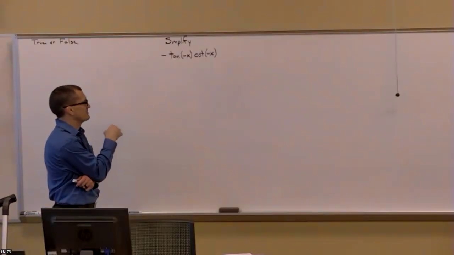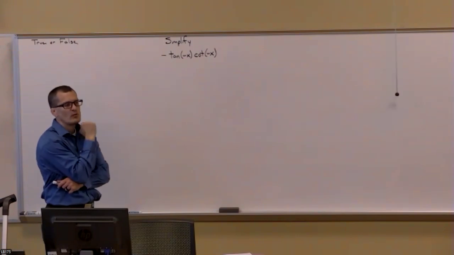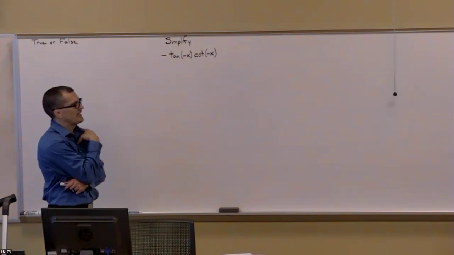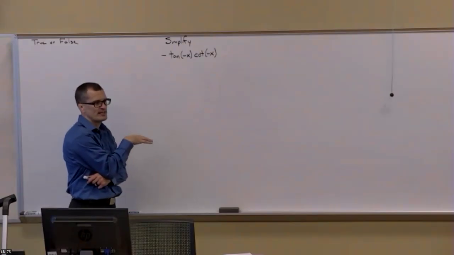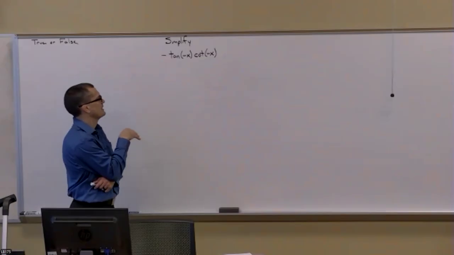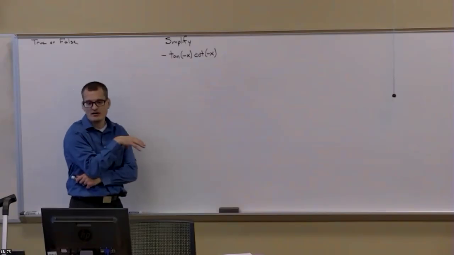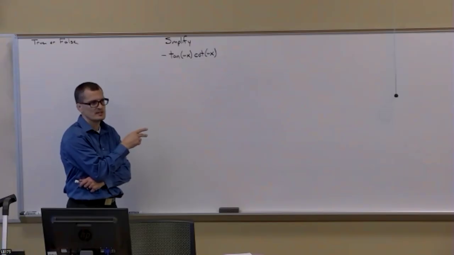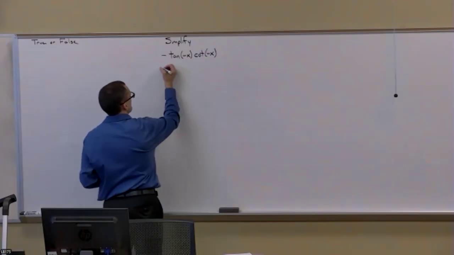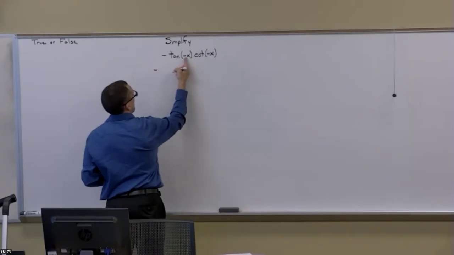Again, multiple paths of doing this. What I would probably do is get rid of the negatives on the inside as much as I can right now. I know tangent is odd. I also know cotangent is odd because it's the reciprocal of tangent. So I can pull out a negative, and I can pull out a negative there.